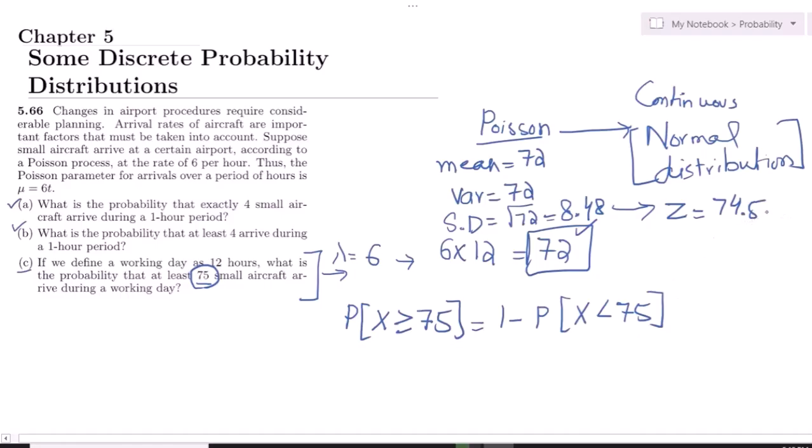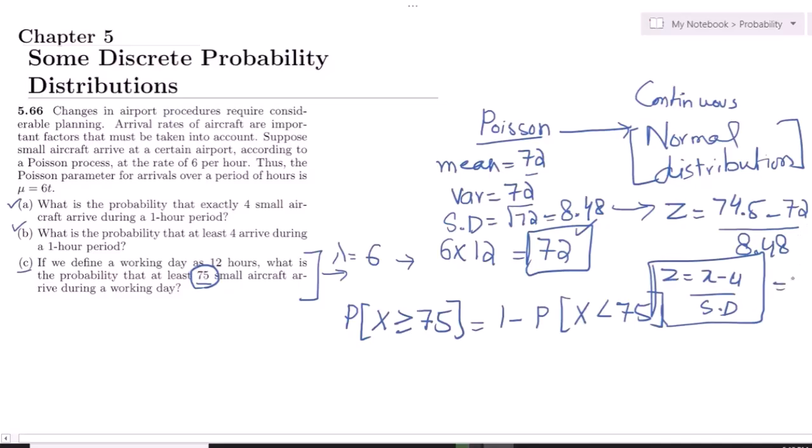From it I have to remove the mean value, divided by the standard deviation, which is 8.48. This is z equal to x minus mu divided by the standard deviation. This is the formula I'm going to use.